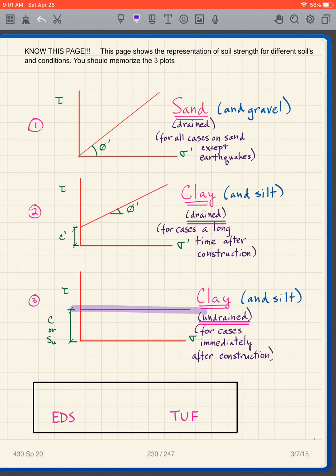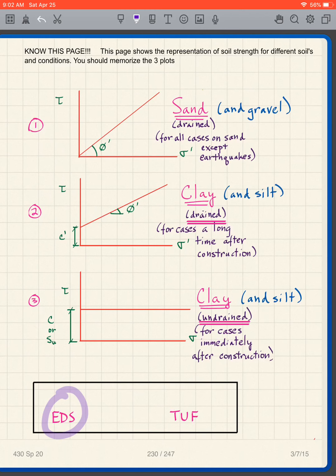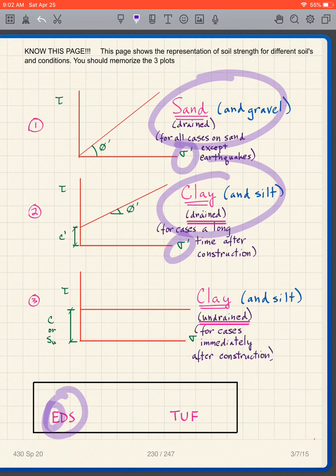That is going to be important for us. Why? Because for undrained loading, which is fast, we are in total stress. So that T, total, means sigma, not sigma prime. Whereas effective, drained, slow, which are these 2 cases, the E, effective, means sigma prime. That's the way we define the envelope.